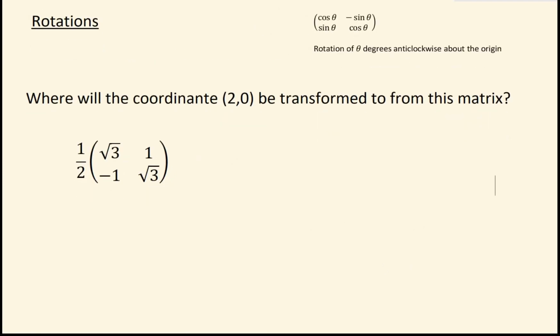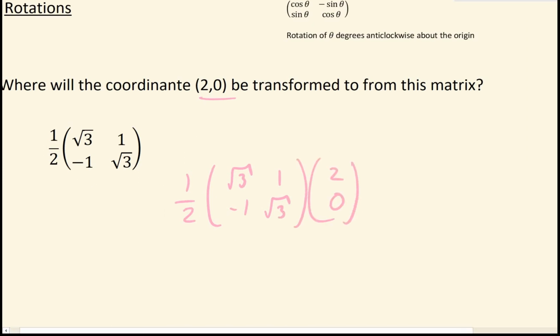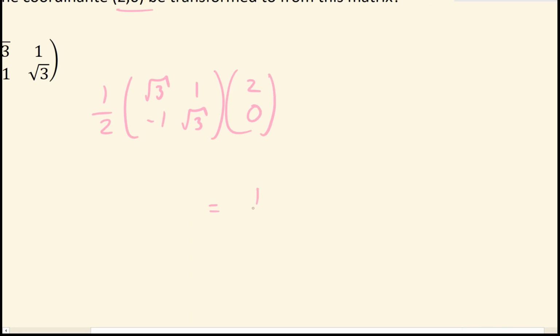Okay, another typical type of question. Here I've got another rotation, I think it's the same rotation. And I want to know where the coordinate 2, 0 will be transformed to from this matrix. And again, I said earlier, you've got to make sure your transformation matrix is at the front, and you write your coordinate as a column vector. Then we just work it out. I'll ignore the half until the end.